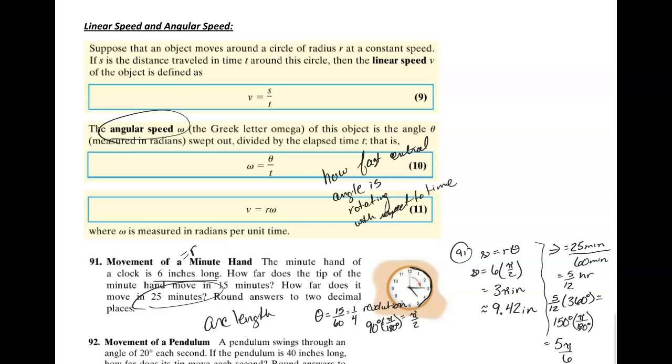So we've got a wheel that's on an axle, kind of like on your car. How fast is that central angle changing? That's what angular speed is.